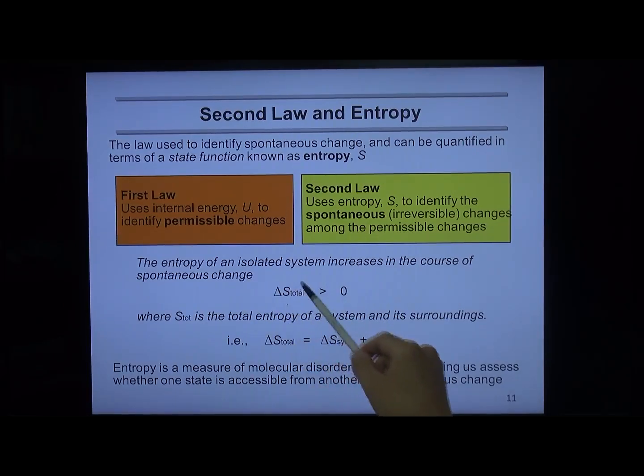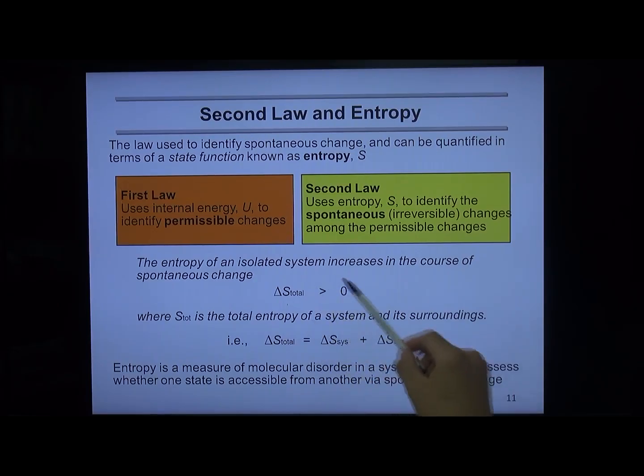Total entropy always increases, for an isolated system. So, since this is total entropy change, total means system plus surroundings. Okay? Remember?